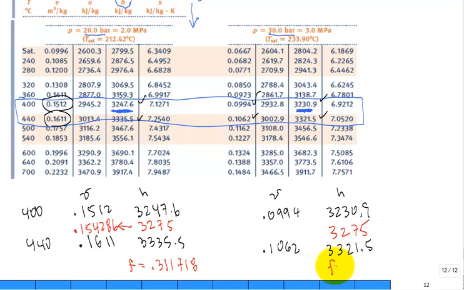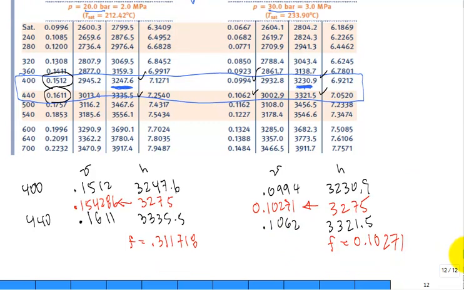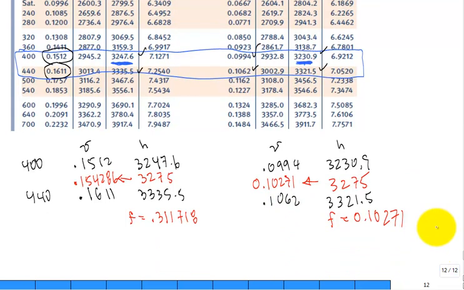I do that fraction for the interpolation with respect to enthalpy. In this case, it's 0.10271. I use that fraction and calculate that specific volume at the pressure and enthalpy. So this comes in at 0.10271. We had to do it twice, but we only did it with respect to enthalpy.